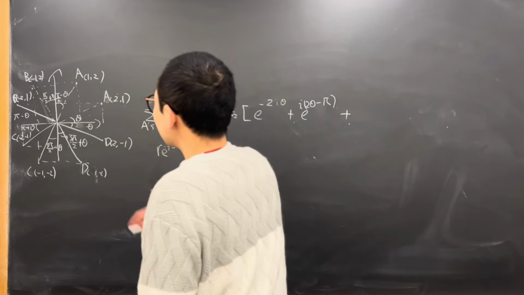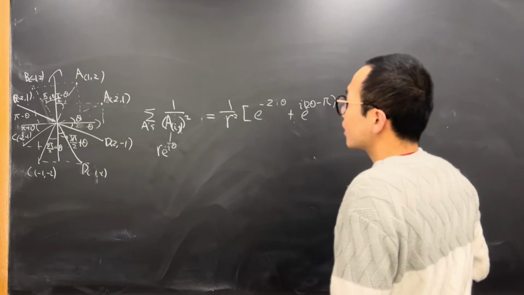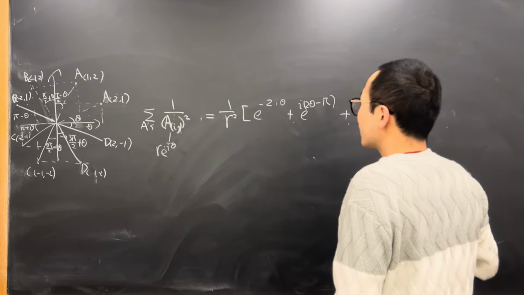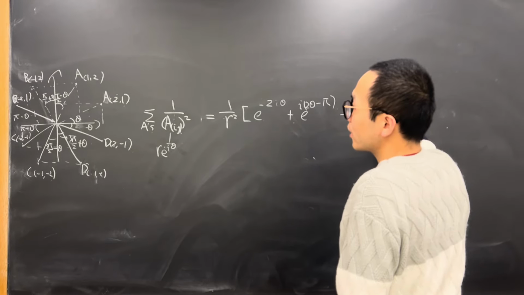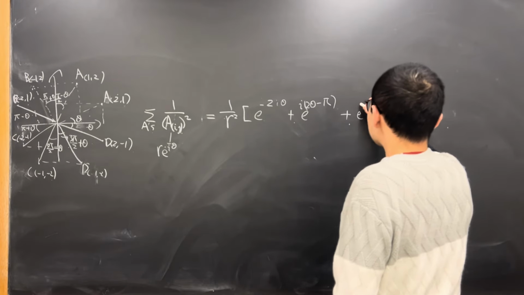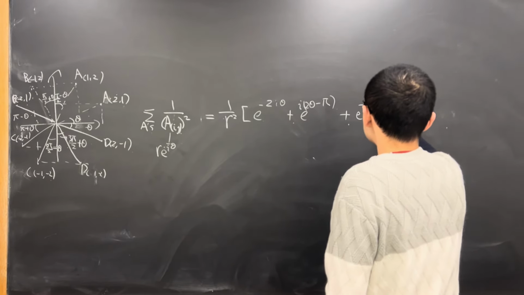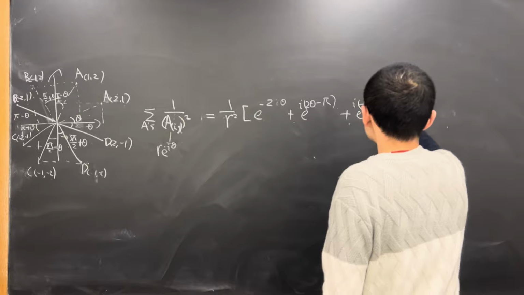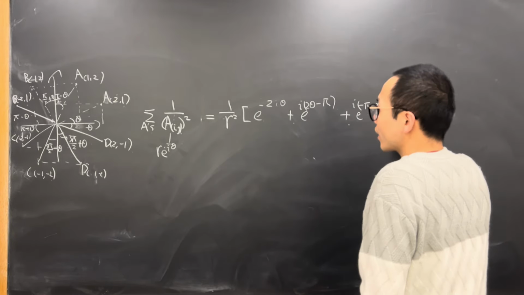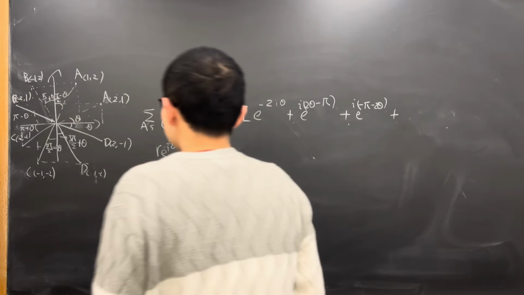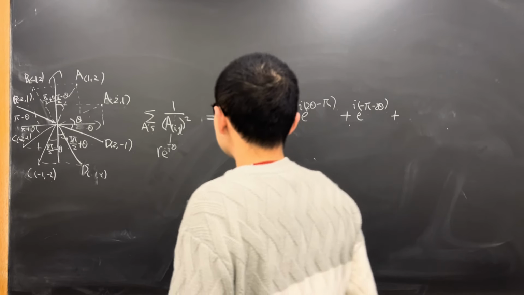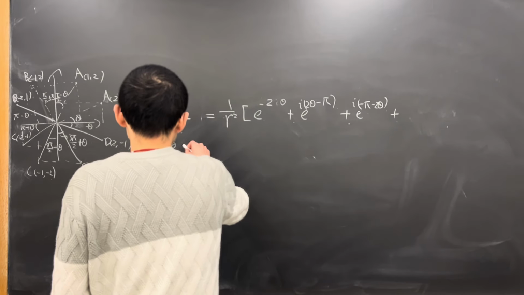The next one is e^{i(pi plus 2 theta)} and then minus.